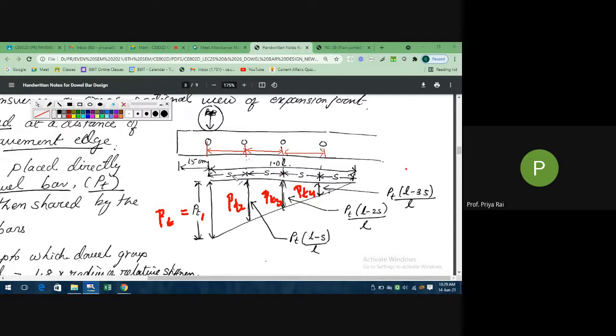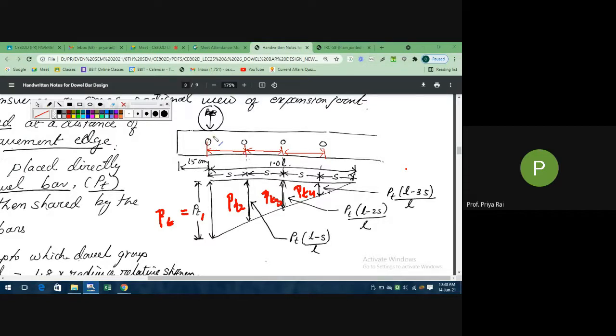See, here I've written S. What does S mean? While designing, what are the parameters that we have to design in the case of a dowel bar?